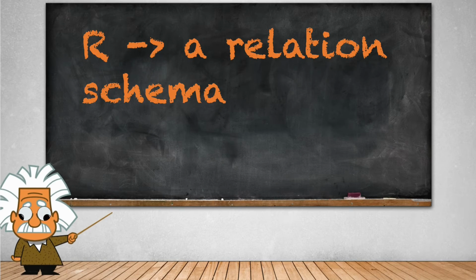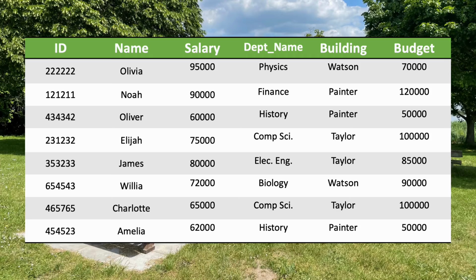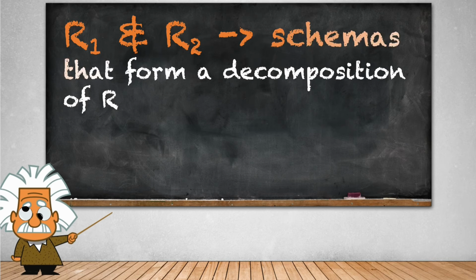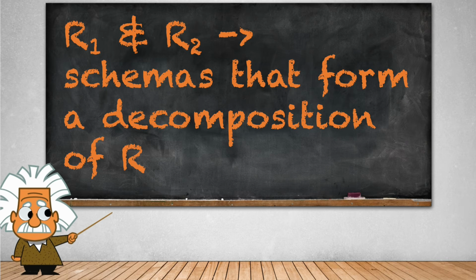So let R be a relation schema. An example of a relation schema is in-depth. So this whole thing here would be called a relation schema. This would be what R is referring to. And let R1 and R2 be the schemas that form the decomposition of R. If that doesn't make sense, give me a second.